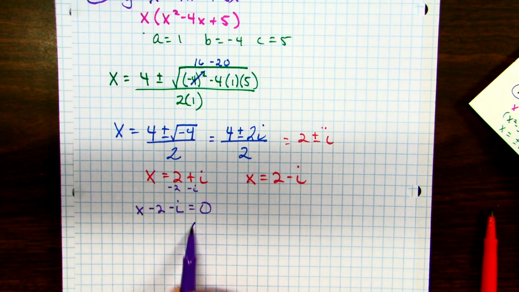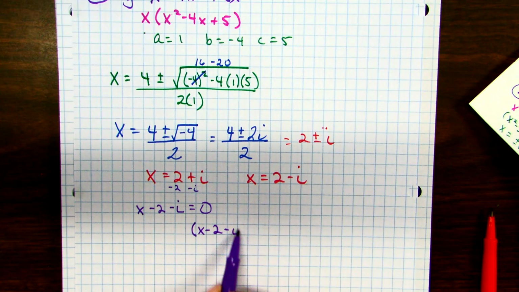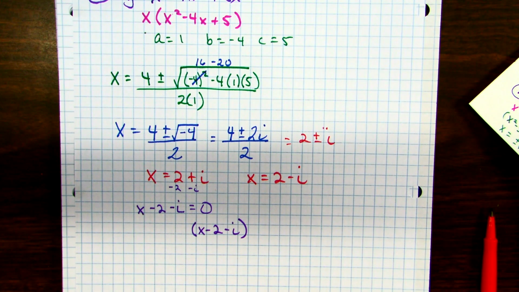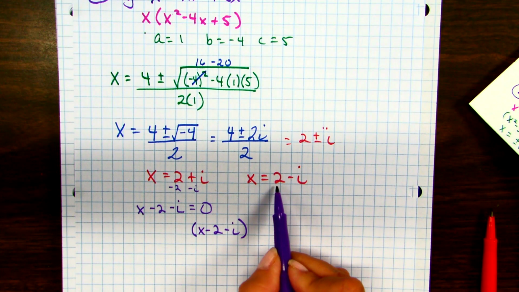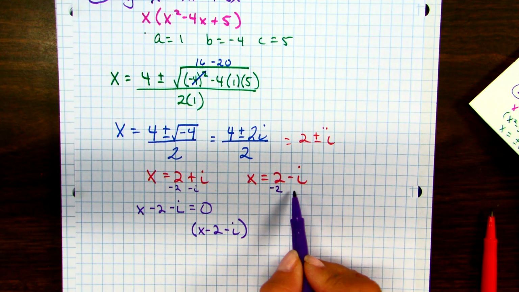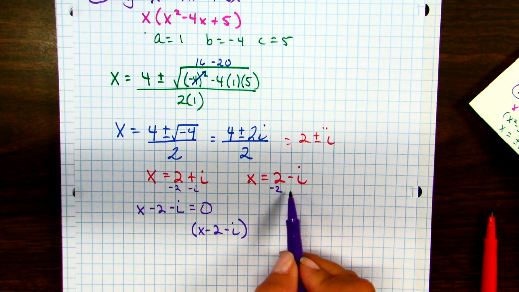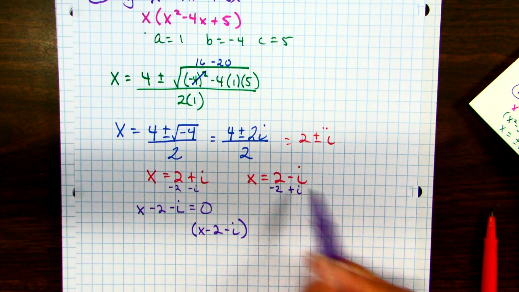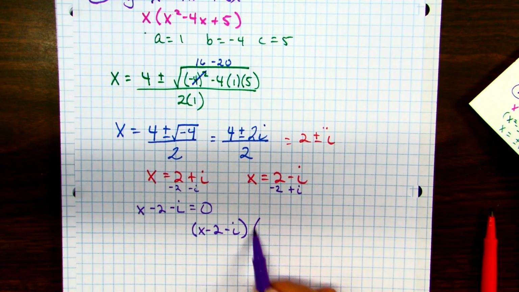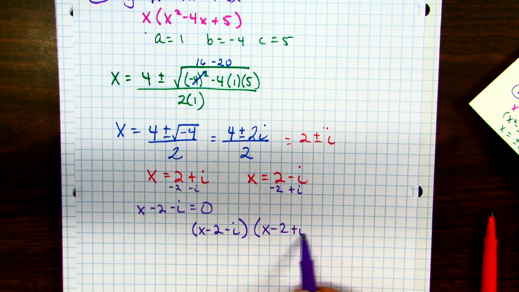What we just created was a factor. It looks funny, but that's what it is. It's just a factor. It's everything brought to the other side. Same thing here. How would I bring a positive 2 to the other side? I would subtract it. How would I bring a negative or a minus i to the other side? I would add it, opposite. So I get x minus 2 plus i.